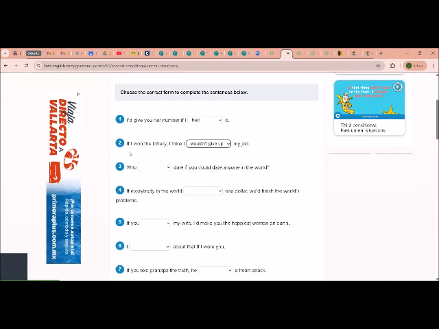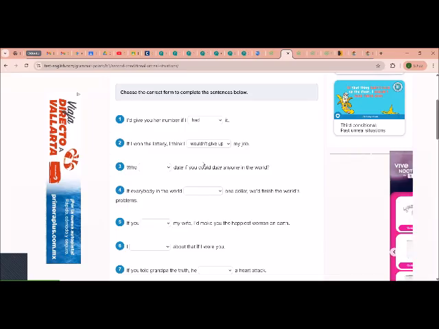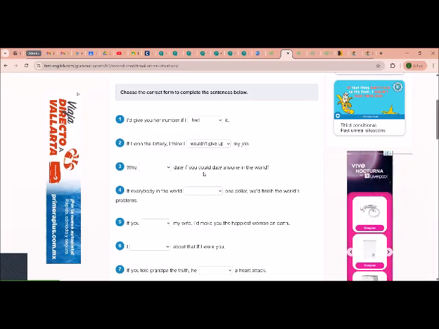Exactly. If plus past simple, would or would not, plus your verb. If I won the lottery, I think I wouldn't give up my job. Obviously, I'd do different things. I'd have more financial freedom, but I like my job, so I wouldn't give it up.